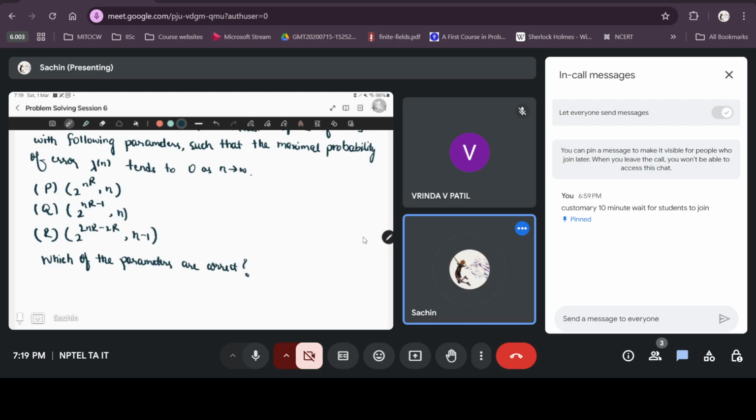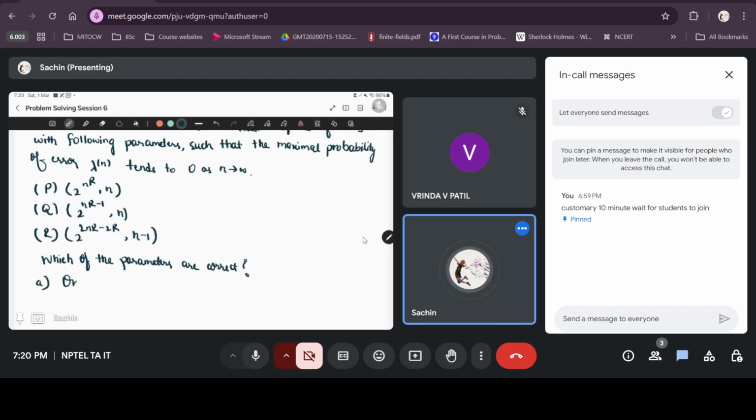For each of these you could calculate the code rate. Then they're asking which of the parameter sets P, Q, R gives you an achievable rate.